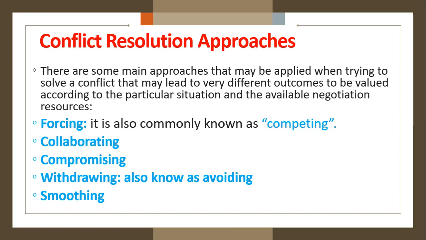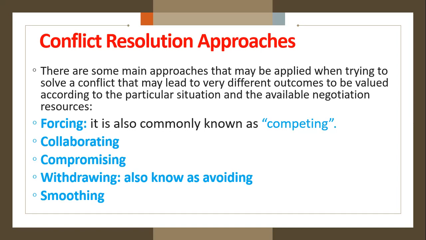So the last conflict resolution approach we are going to look at is smoothing. Smoothing is also very similar to compromising, because with smoothing you don't look at your own interest first, you take the interest of the other party first. But this one can work a little where what the other party is seeking, you consider not very important to you, so you can let go and let the person have their way.